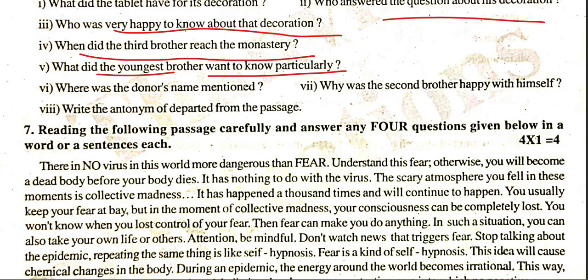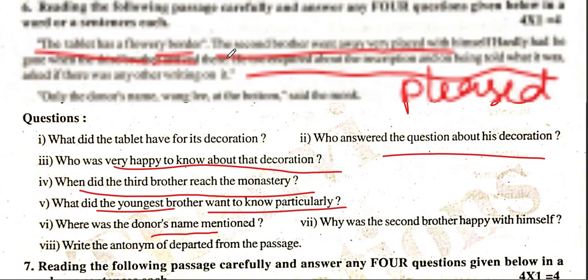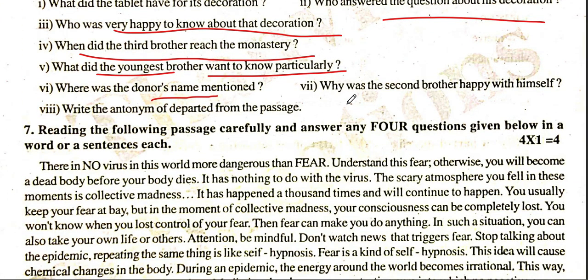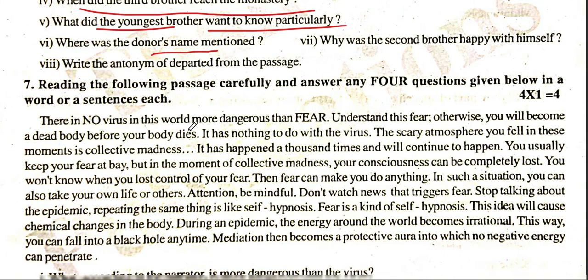Next. Where was the donor's name mentioned? If you see the passage, you will find it was mentioned at the bottom of the tablet. Right? Why was the second brother happy with himself? The second brother was happy to know the floral decoration around the tablet.